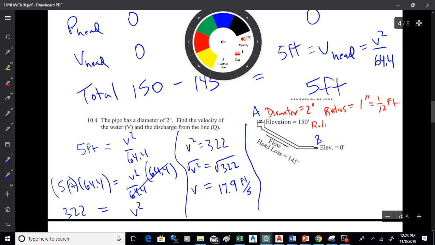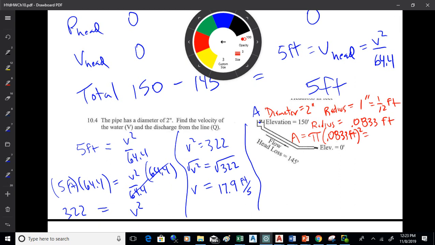So the radius, when you work that out, is 0.0833 feet. Okay. So if you know that, you can find the area in feet. It'll be pi times 0.0833 feet squared. Okay. So pi r squared will get you the area, and that's going to be 0.0218.